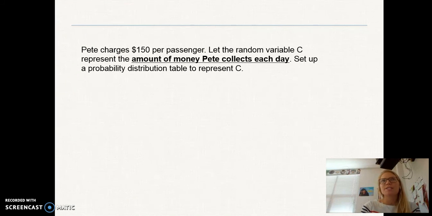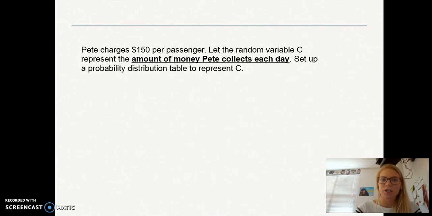Okay, what I'm interested in is transforming the original distribution. When you transform something, you change every aspect about it. We actually saw this earlier when we transformed distributions, and it's the same process, so this should sound a little bit like review. He knows on average he's getting 3.75 people, but how much money is he making on the average day?